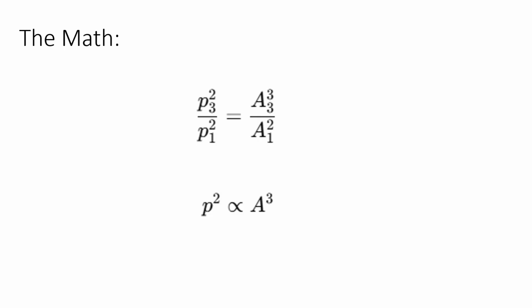And P3 and P1 are the orbital periods of planets 3 and 1, and then A3 and A1 are the semi-major axes of planets 3 and 1.